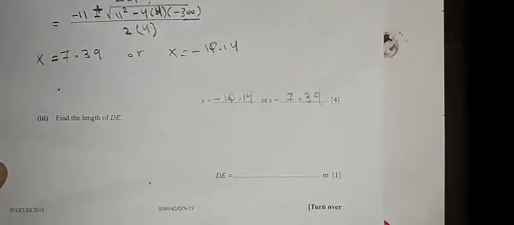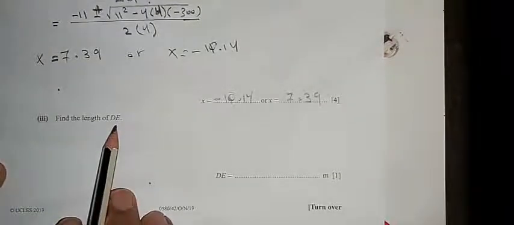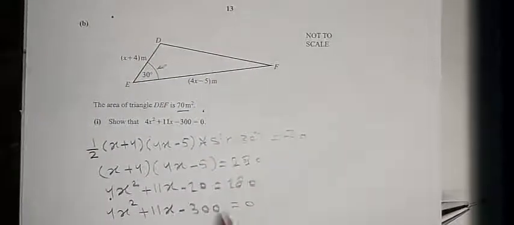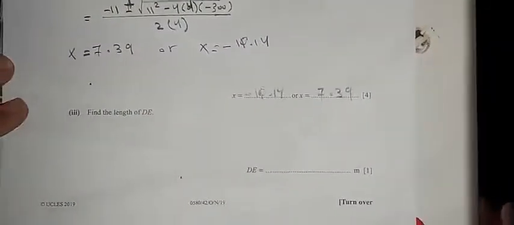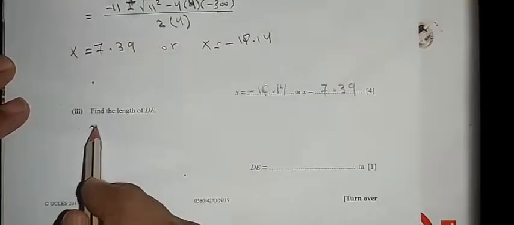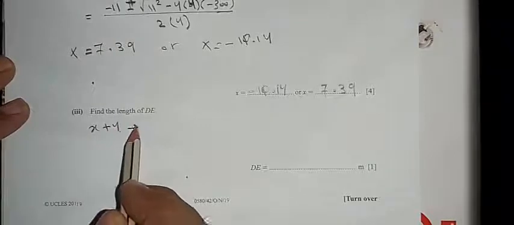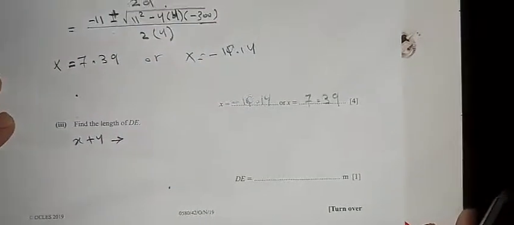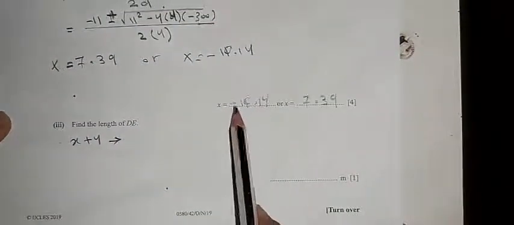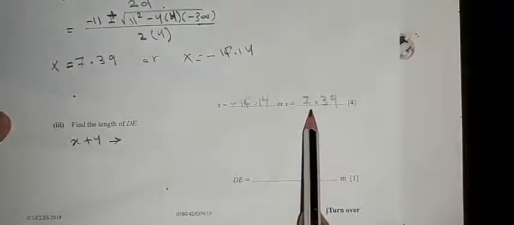In the last part, find the length of DE. DE is up here in the triangle, D is x plus 4. Here we have two values of x, a negative value and a positive value.